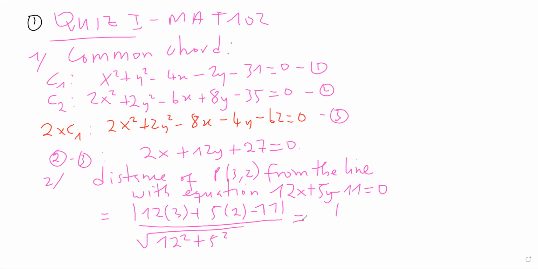And if you do this, you should get 36 plus 10 minus 11 all over the square root of 169. And this will be plus or minus 35 over 13. Okay, so it means that either positive or negative, any one of them is correct.